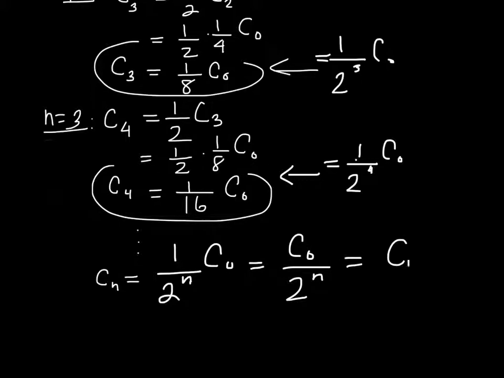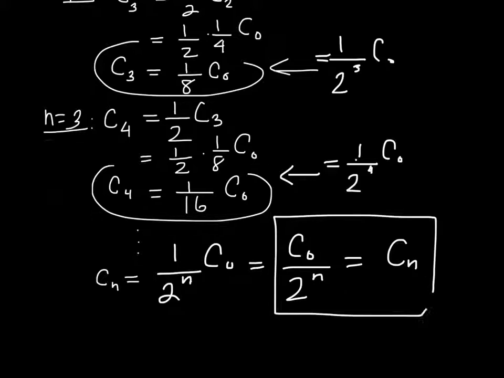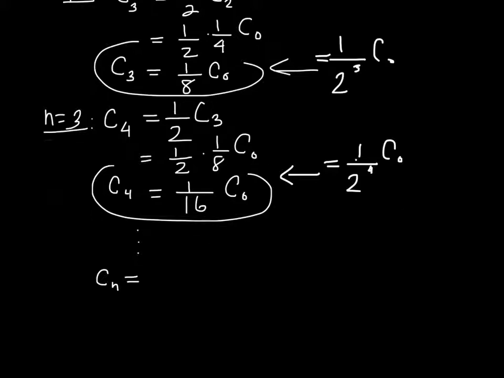Okay, so I'm going to call that my Cn. They all look like that. If you just plug in n equals 1, you're going to get our values above.